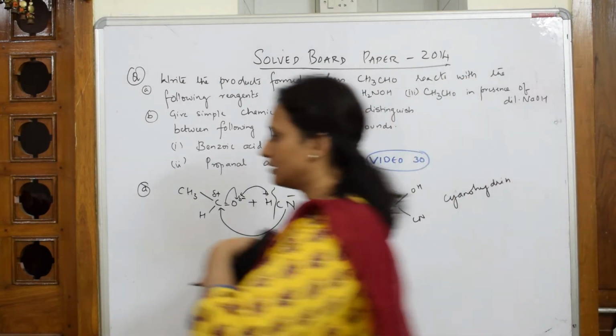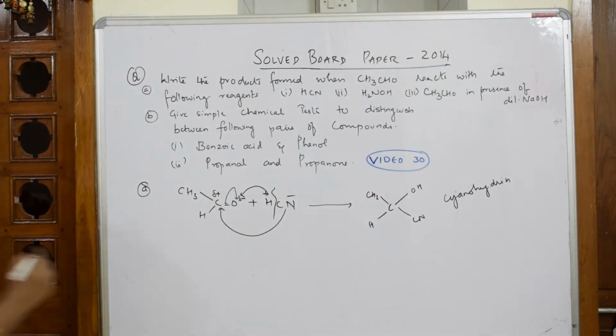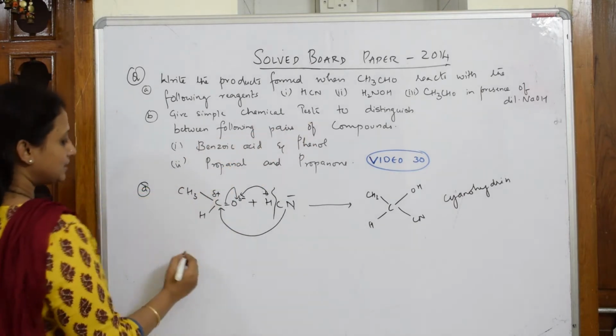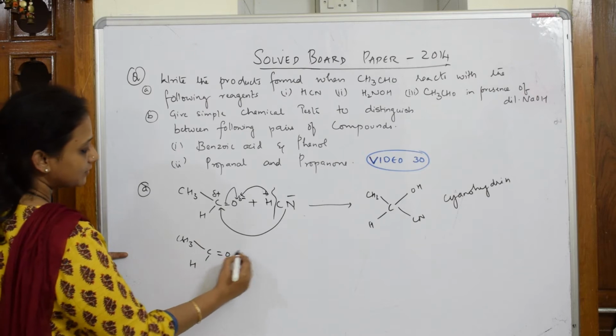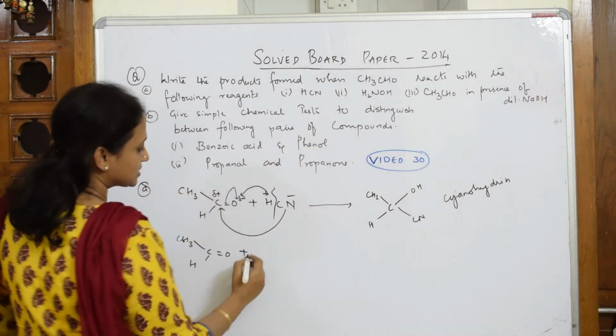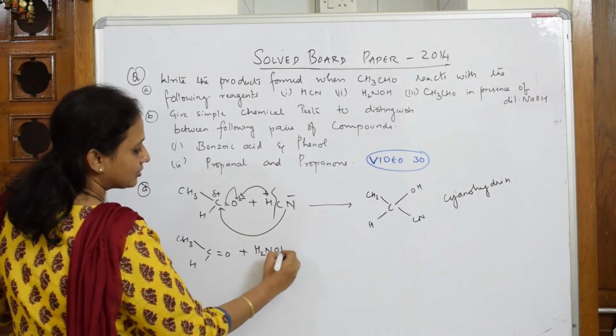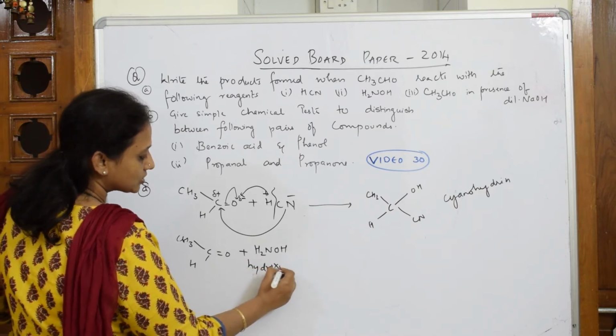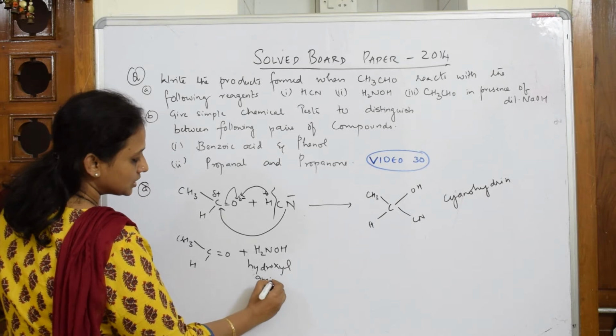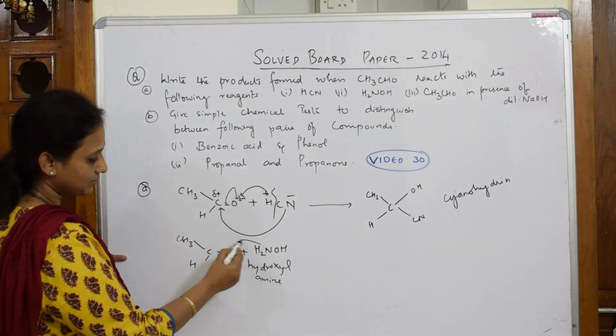Simple question. Let us come back and do the next one. For the second example, I take acetaldehyde again and add a compound called hydroxylamine. As soon as you find hydroxylamine, think of elimination of water.